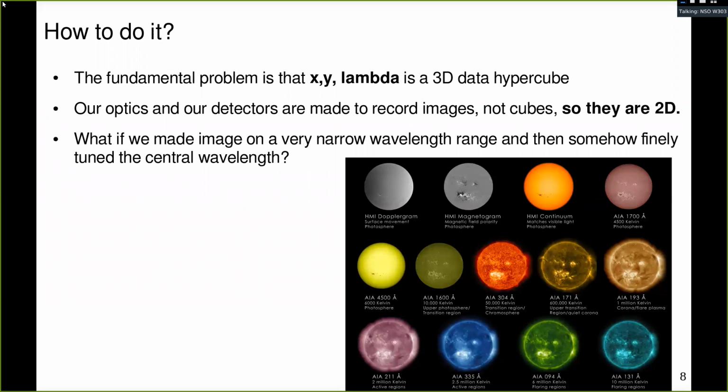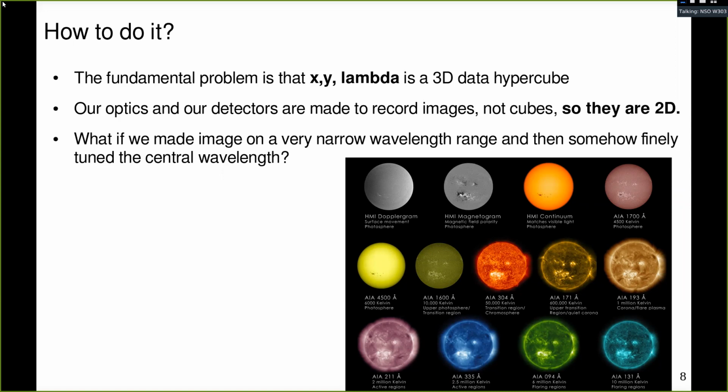So as we said, the fundamental problem there is that the data cube that we want to obtain is a 3D cube. So it's information in X, Y, and lambda, right? But our detectors, they're 2D. So they can only store variation of intensity with two quantities, right? And there are actually many ways to unpack that 3D cube and put it on your 2D detector.